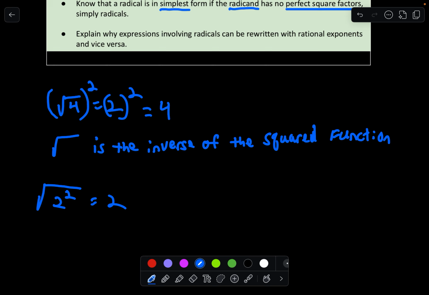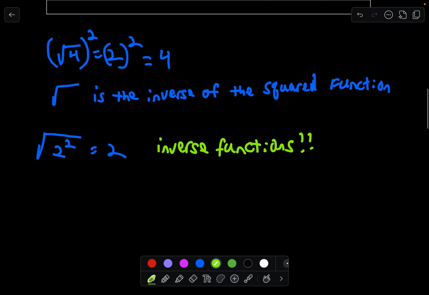All right, so here, the square root and the squared, they kill each other, and you're left with 2. They are inverse functions. That's the definition of an inverse function, that they undo each other. Okay? That's key to understand.